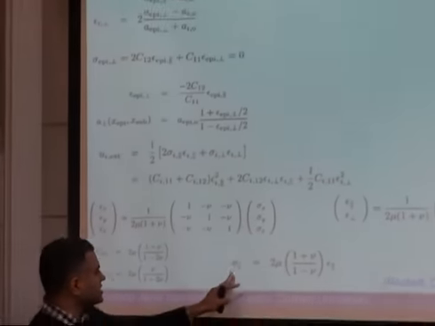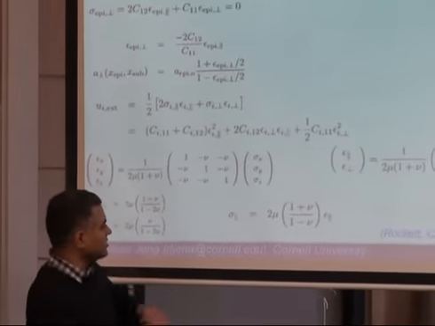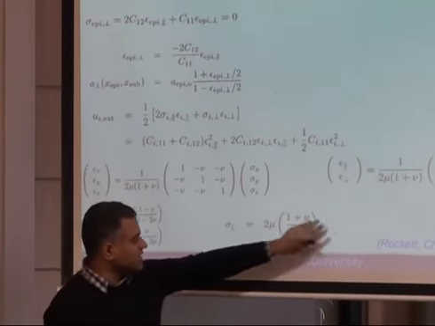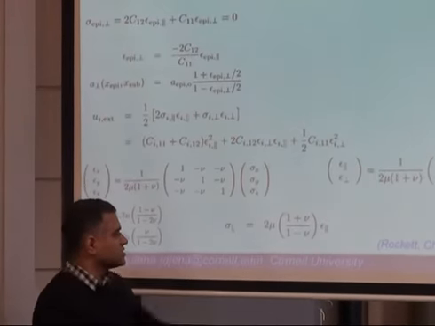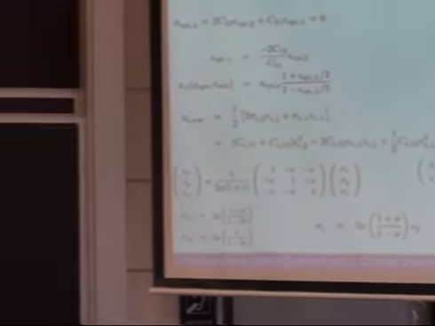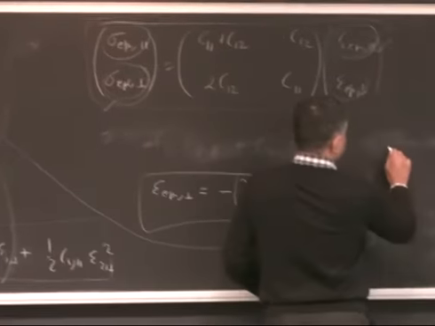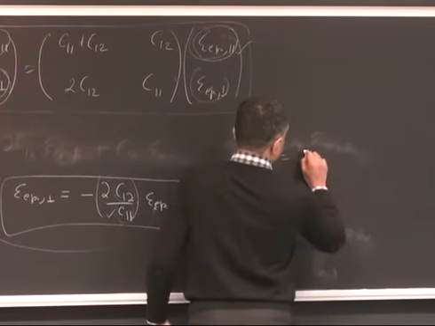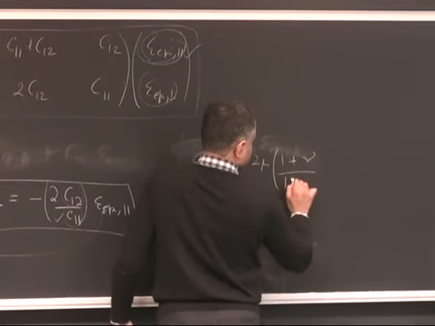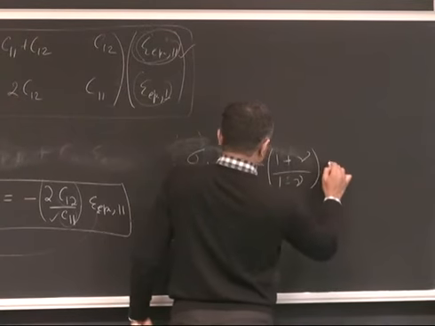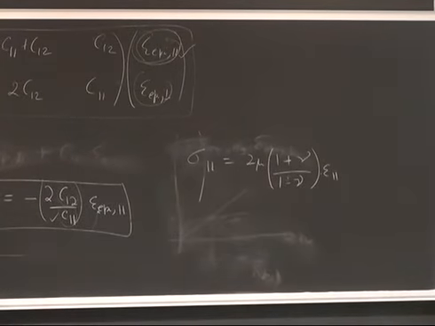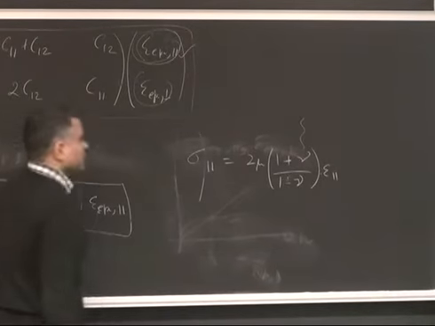So now you can write that the stress in the parallel direction is equal to something times the strain in the parallel direction, with factors of 1 plus mu and 1 minus mu, times the strain in the parallel direction.